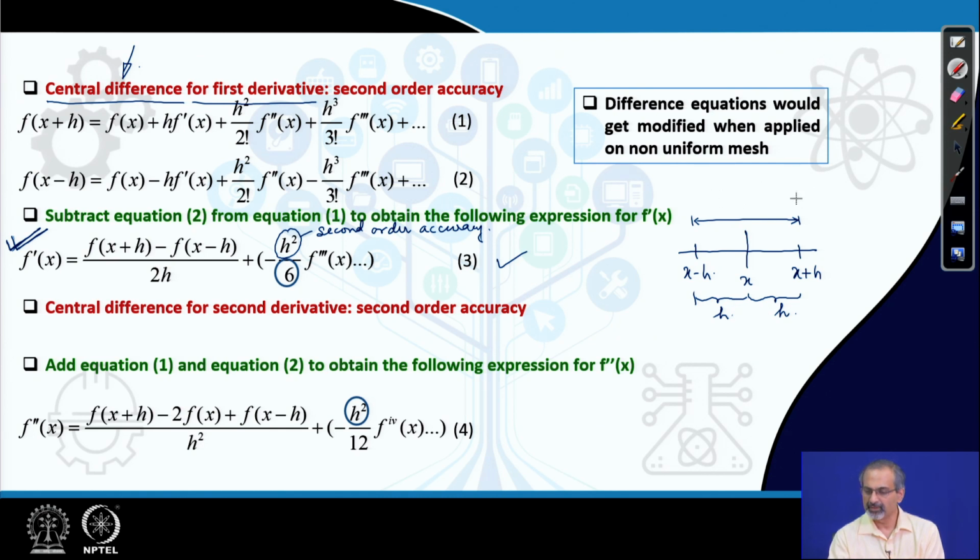Now, you have this point and this point participating in the formula, but then the number of grid points over which you are performing the finite difference operation is 3 points. Therefore, this is called a 3 point stencil, while these two cases would involve a 2 point stencil.